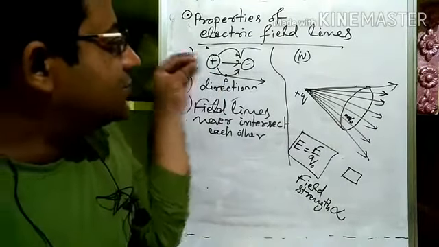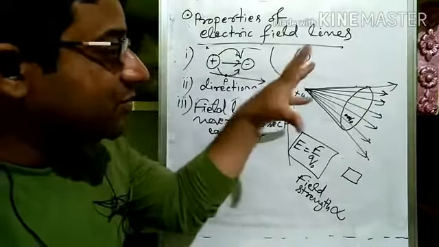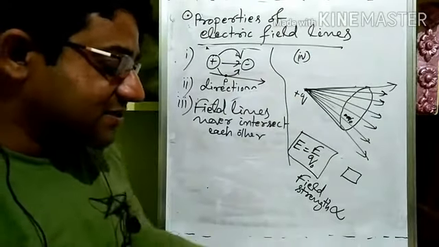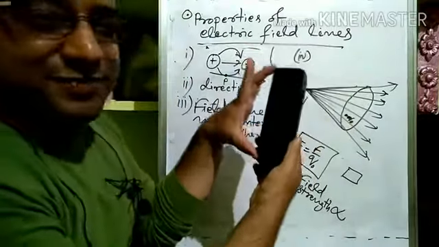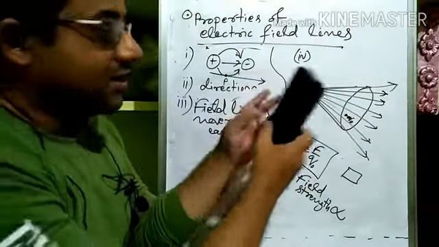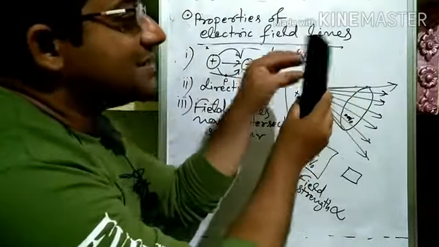Now think, so many lines are coming out of it, and you are placing some small area of cross section through this. Let us say, for the time being, assume that this is a square. Through this, how many lines are passing?